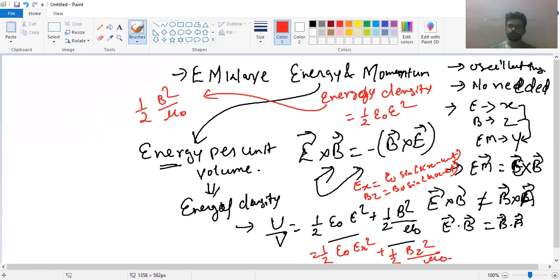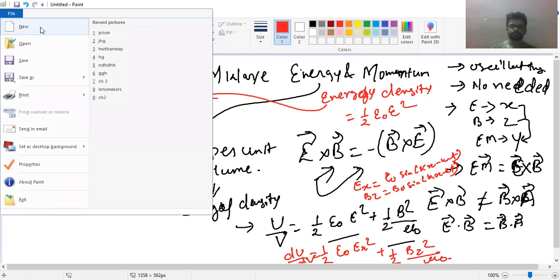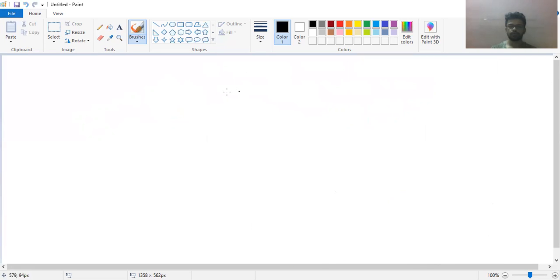This is dU by dV, meaning change in internal energy by change in volume.